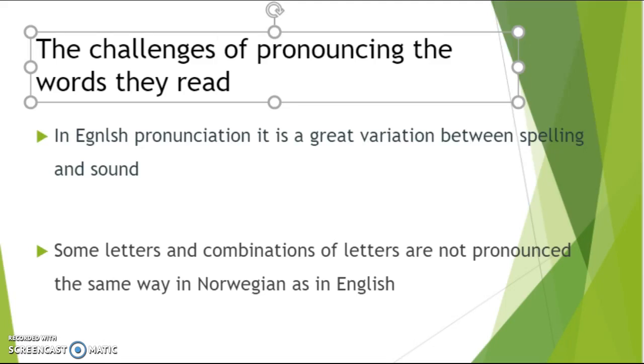In the words apple, cat, hat, jam, and angry, you have the vowel A. In English, it is pronounced differently than in Norwegian. So sometimes maybe the pupils can read the word apple the Norwegian way.